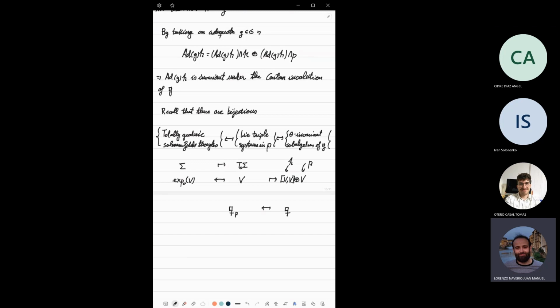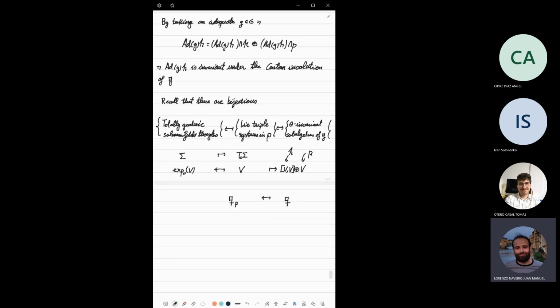And what we are saying here is that if you take a semisimple subgroup of the isometry group, then a conjugate of this isometry subgroup corresponds to a theta invariant subalgebra. So the corresponding orbit to the origin is totally geodesic.